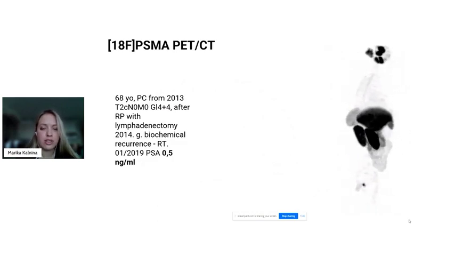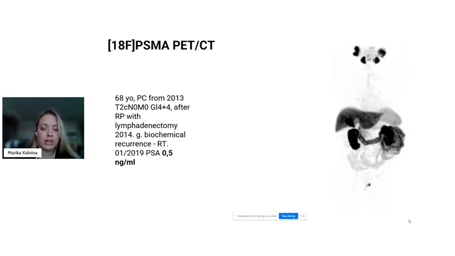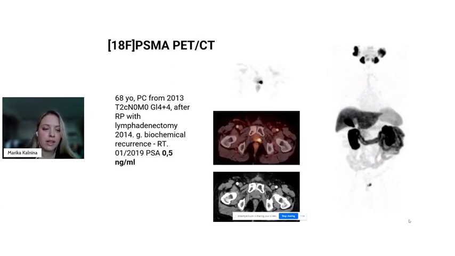You can see just the local recurrence of prostate cancer with PSA very low, 0.5, in a 68-year-old patient who had prostate cancer from 2013, Gleason 4+4, and after radical prostatectomy and biochemical recurrence had radiotherapy previously in 2014, and these images are from 2019.